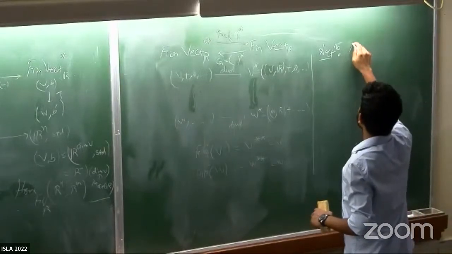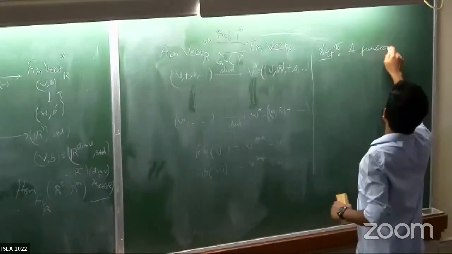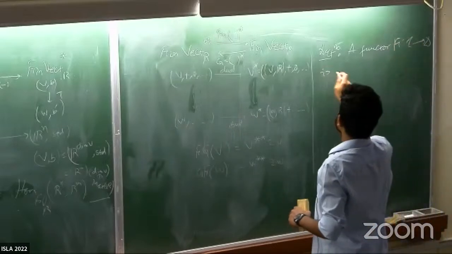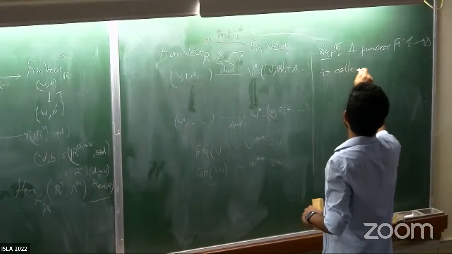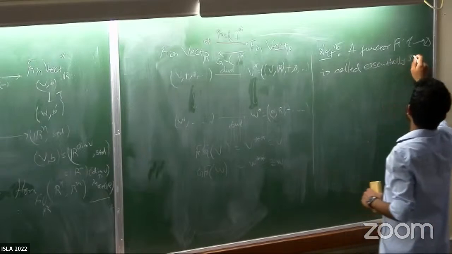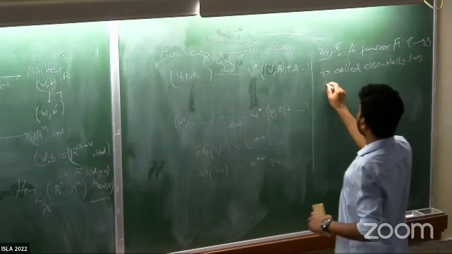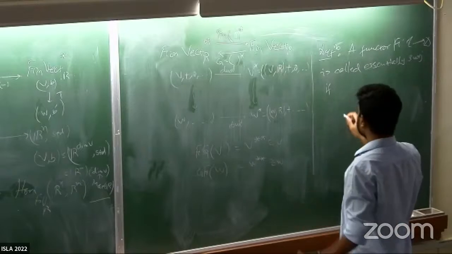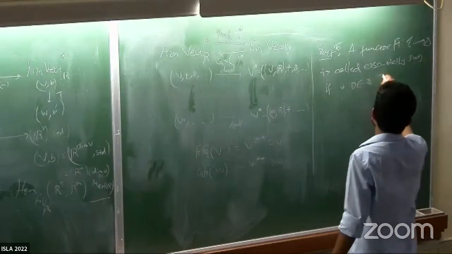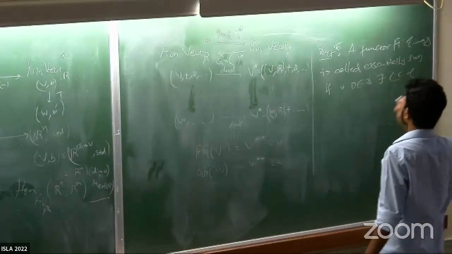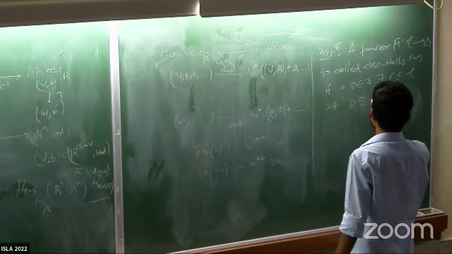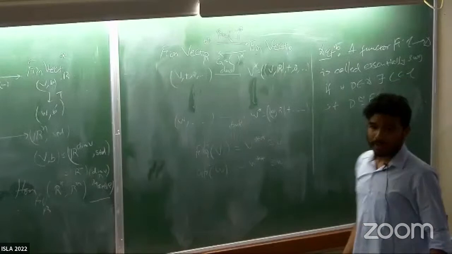So a functor F from C to D is called essentially surjective if for all D in D, there exists a C inside C such that D is isomorphic to F of C.